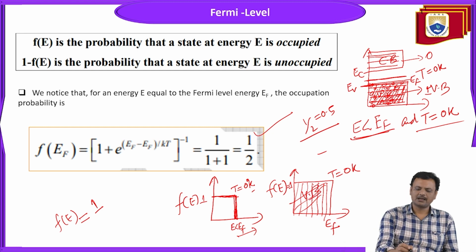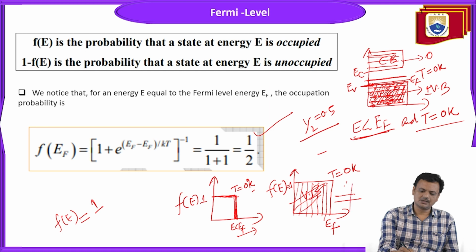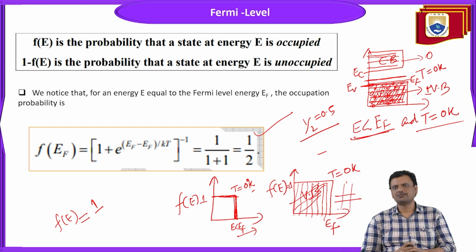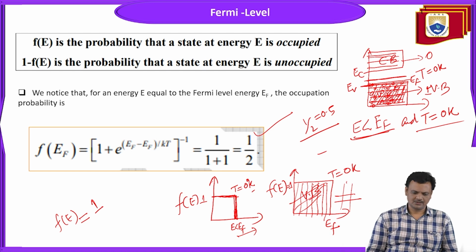And apart from that, all the available energy levels above remain unfilled, meaning the chance of occupancy will be 0. So that is some discussion, some facts about the Fermi level.